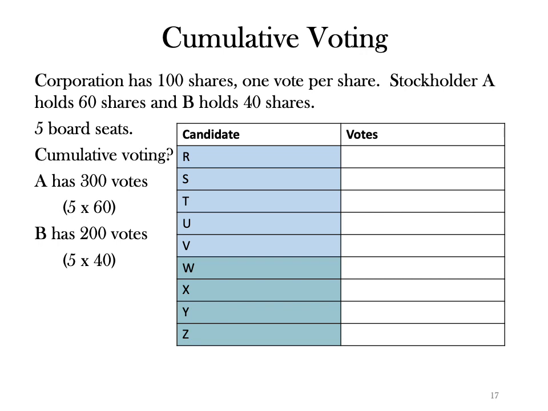So B has a strategy that can ensure that one of B's preferred candidates is elected to the board. B knows that he has, in a sense, 40% of the votes. So if B gives all of B's votes to 2 of B's preferred candidates, say W and X, 100 to W, 100 to X, there's no way A can allocate A's votes that would prevent W and X from being in the top 5.